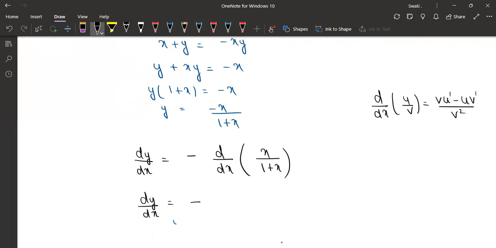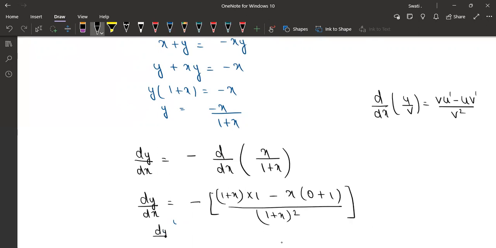So using this formula, we get here: keeping 1 plus x constant and taking the derivative of x with respect to x, that is 1, minus keeping x constant and taking the derivative of the denominator, which is again 0 plus 1 only, right? Because the derivative of a constant is 0 and the derivative of x with respect to x is 1, upon 1 plus x whole square. Right?